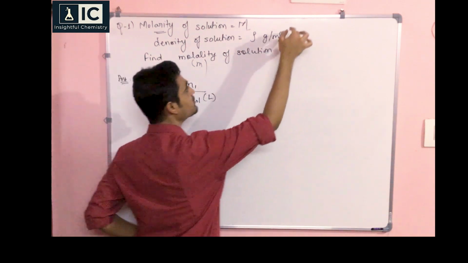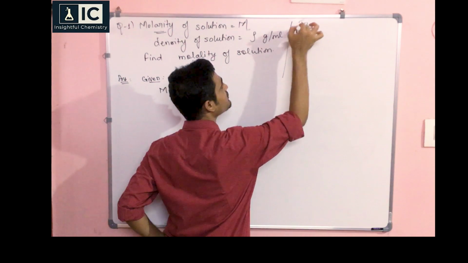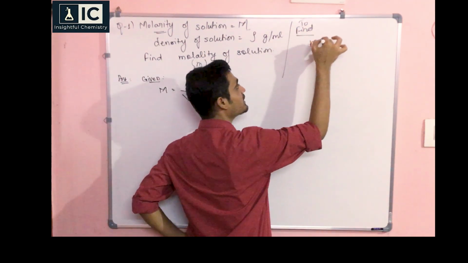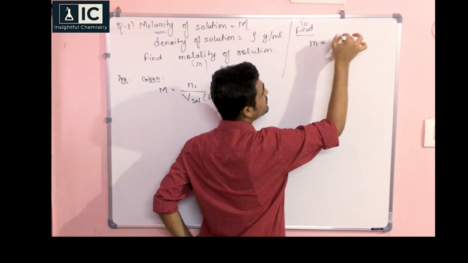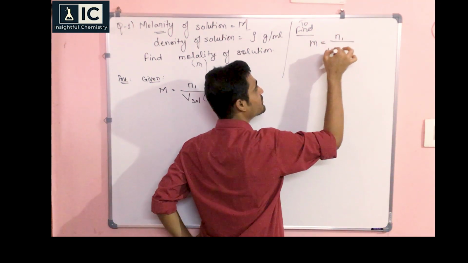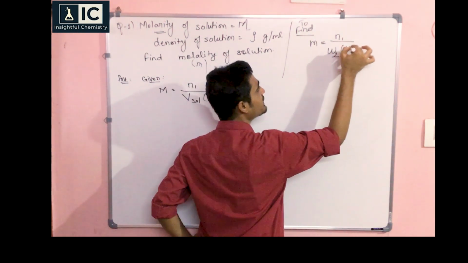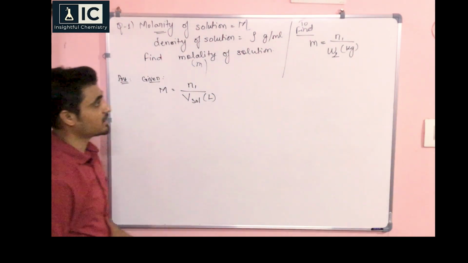And what is to be found? So just write 'to find'. Molality. What is that formula? So write these two. Molality is moles of solute divided by weight of solvent, W2 in kg. Right, that is the formula.